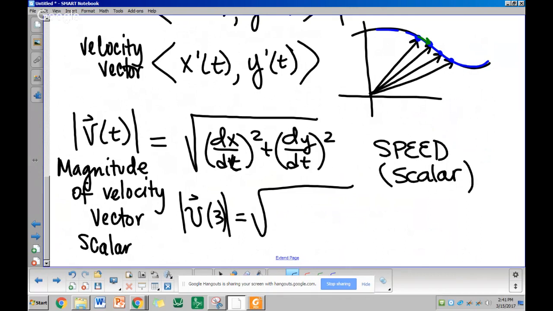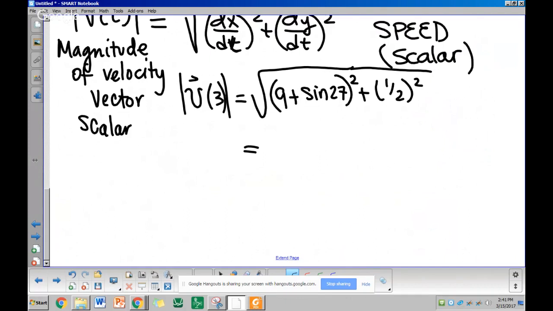That's going to be, at 3, 9 plus sine of 27, squared, plus what is the slope at 3? You guys told me. One half squared.